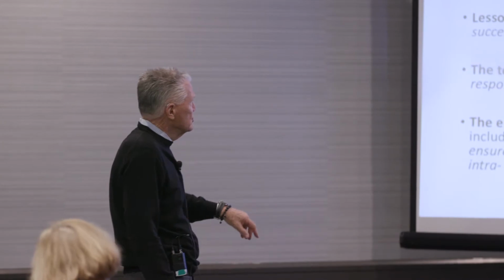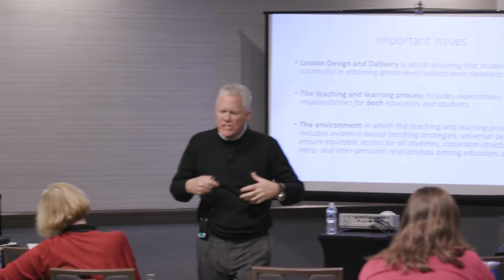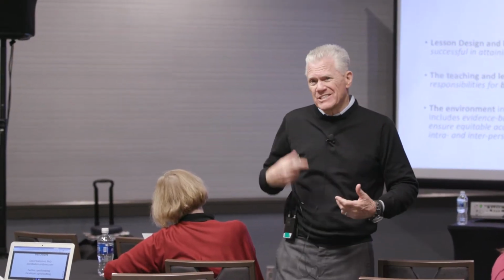So, important issues. Lesson design and delivery is about ensuring students are successful in attaining standards. Teaching and learning process includes expectations and responsibilities for both students and educators. So the engagement part of students in this lesson planning process is, what do you mean by engagement? Does that mean not bothering you?